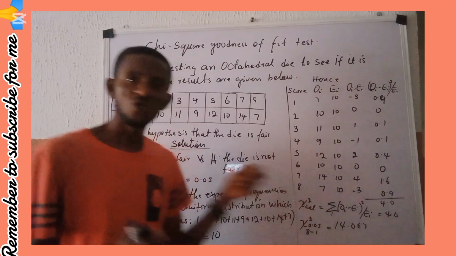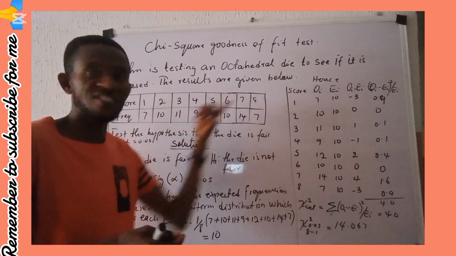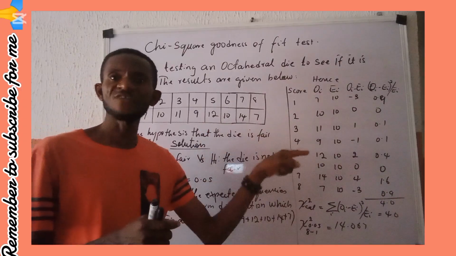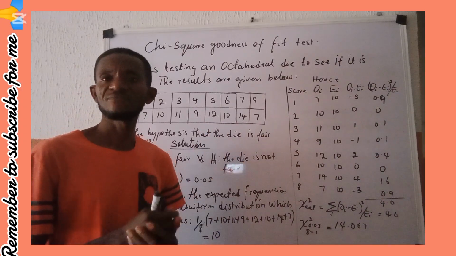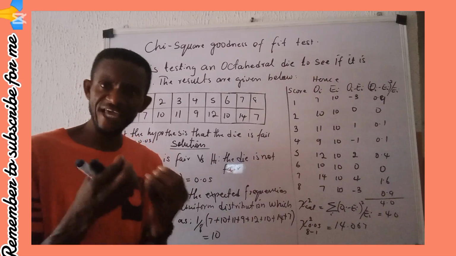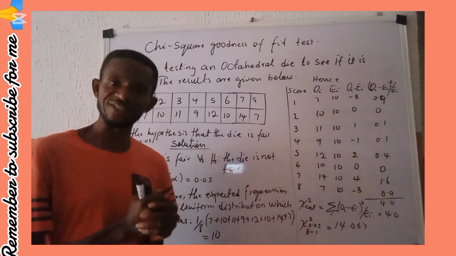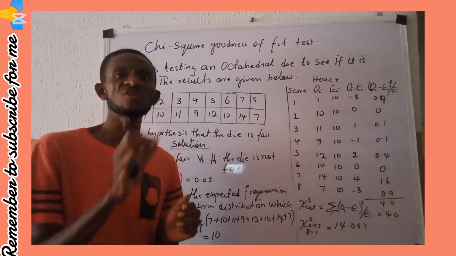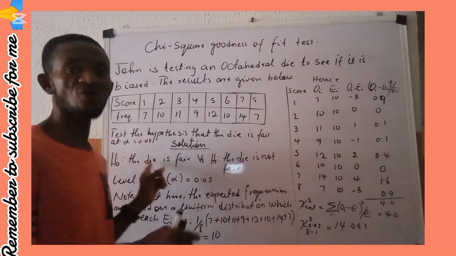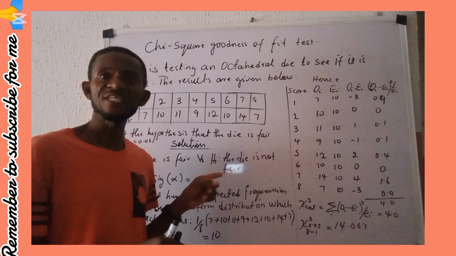And because of this, we don't have enough evidence from this data set to reject our null hypothesis that says that the octahedral die is fair. So what is our conclusion? Our conclusion is that making use of the available information contained in this data set, the information is not sufficient to make us reject the null hypothesis that says that the octahedral die is fair.